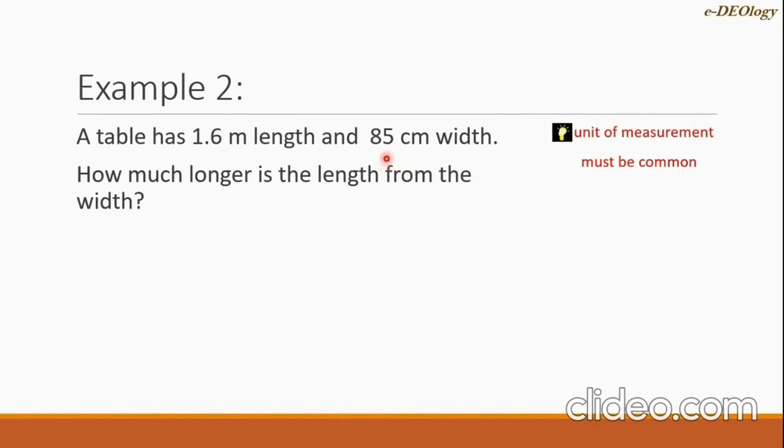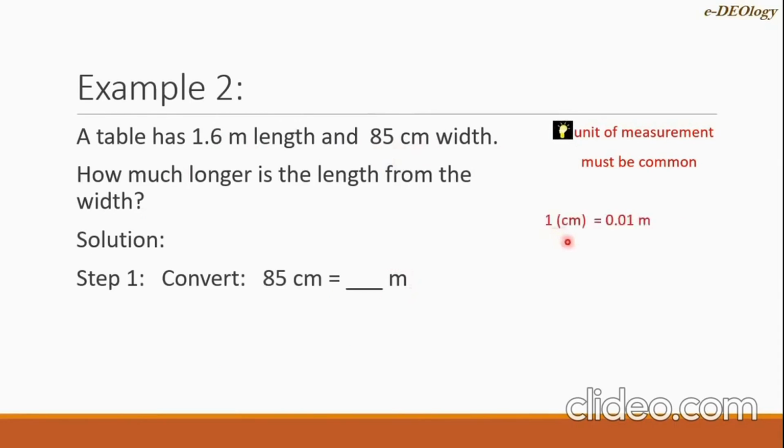If we look at our units of measurement here, one is in meter, the other is in centimeter. So we must do something to make the units same. So what we'll do, in step 1, we're going to convert the 85 centimeters into a meter unit.